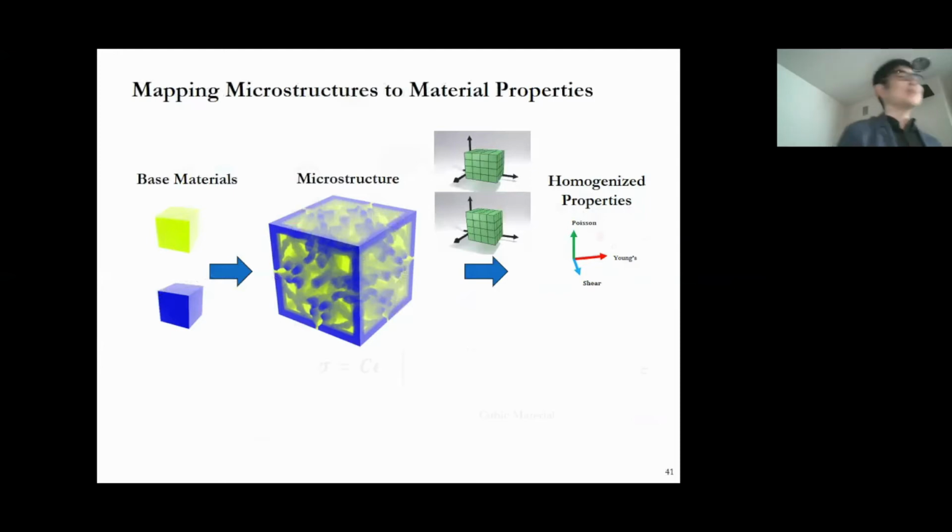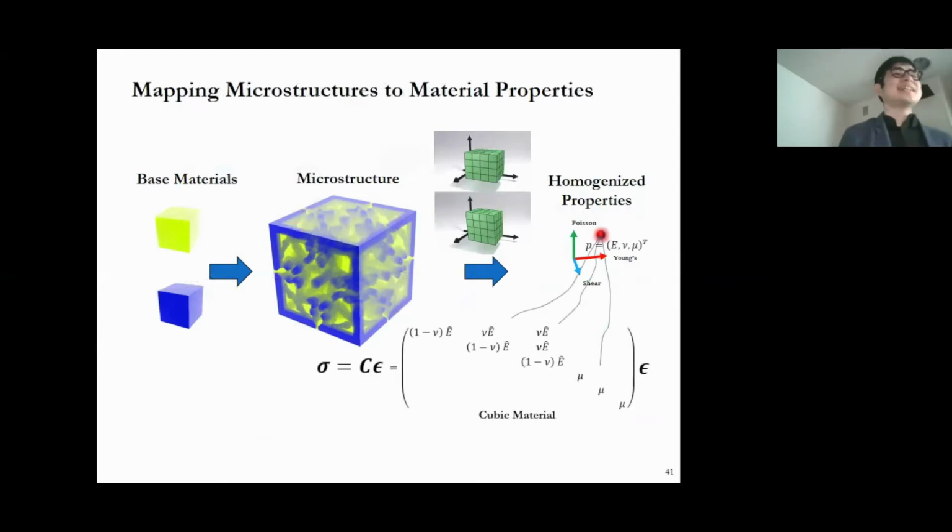So how do we compute this? There are some computation techniques called homogenization. So basically, we set some periodical boundary conditions, because it's repeated over space, and we still solve a standard finite element method, and we can actually measure the homogenized material property of this microstructure of this small cube by computation.